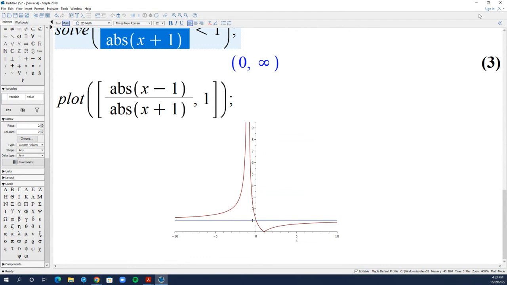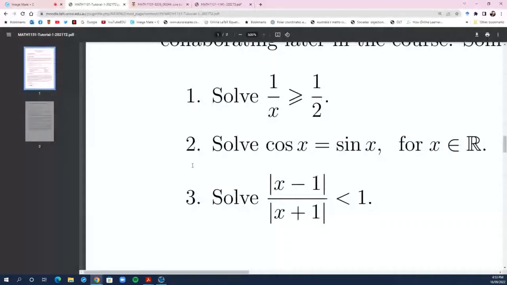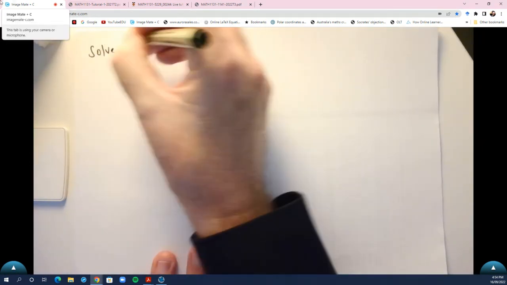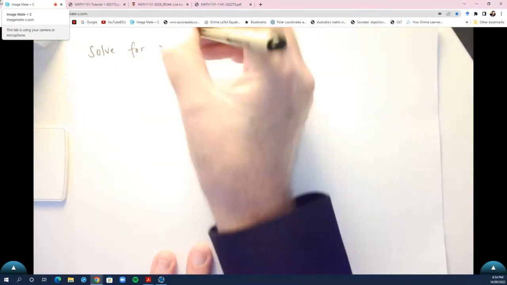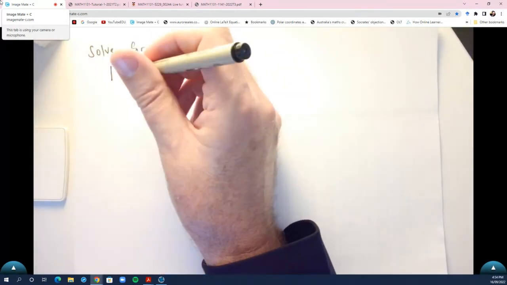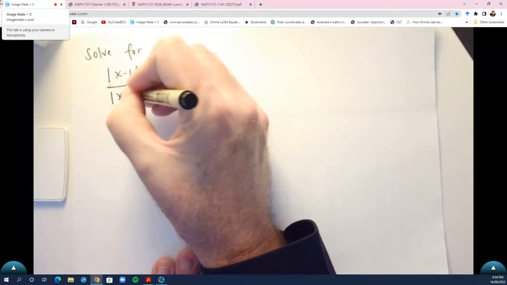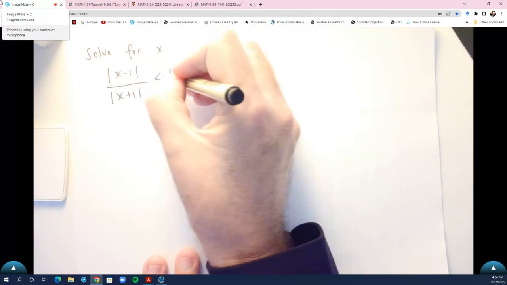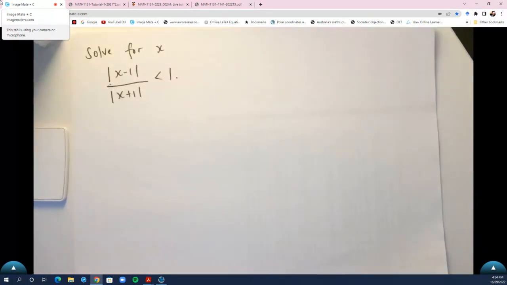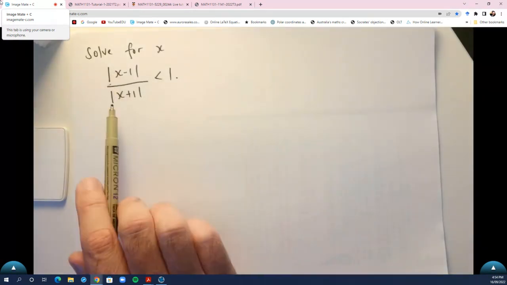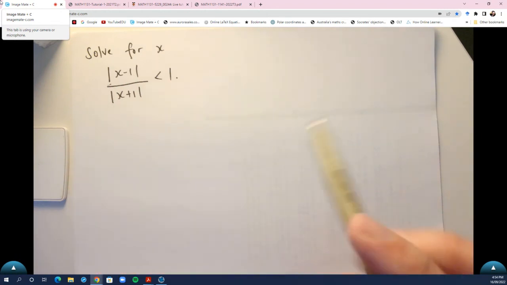So how would I go about doing this algebraically? Well, I'm glad you asked. So I'll do that and then we can finish. So we want to solve for x. So we've got absolute x minus 1 over absolute x plus 1 is less than 1. Okay, so the absolute value function can never be negative.